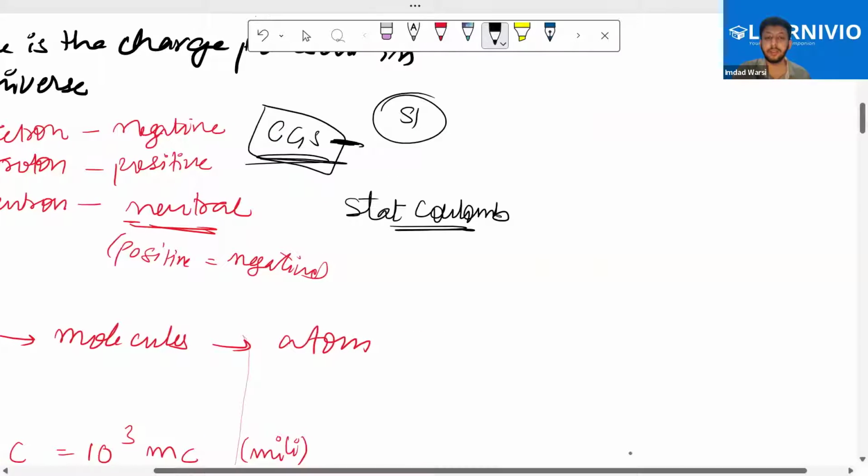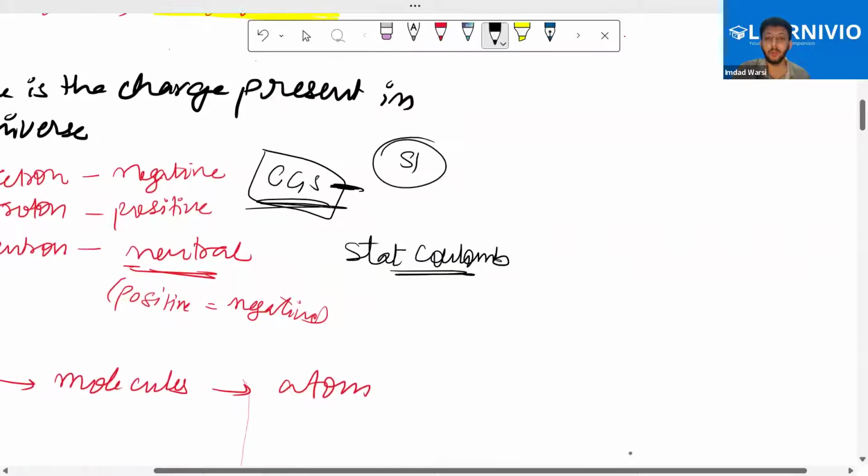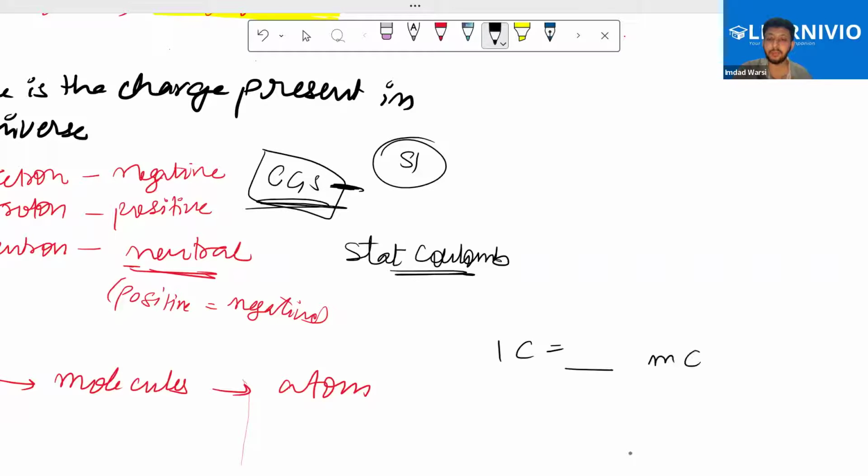Okay. 1 Coulomb is equal to how many millicoulomb? 10 to the power 3. 1 Coulomb is equal to how many microcoulomb? 10 to the power 6.